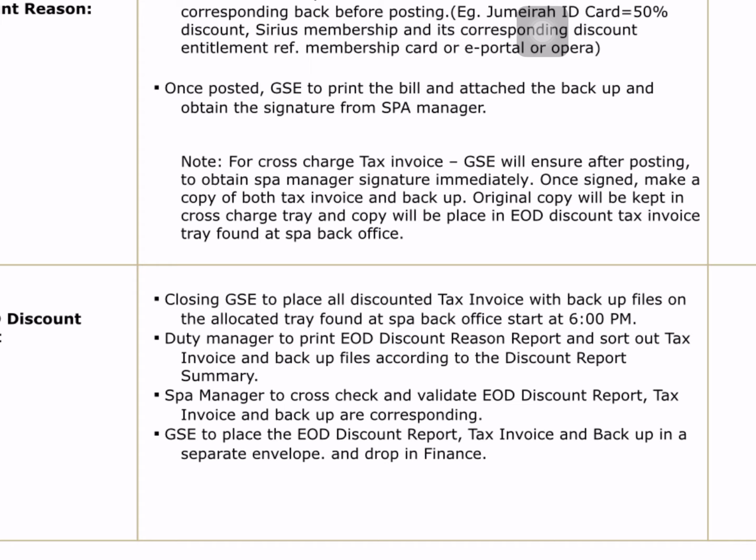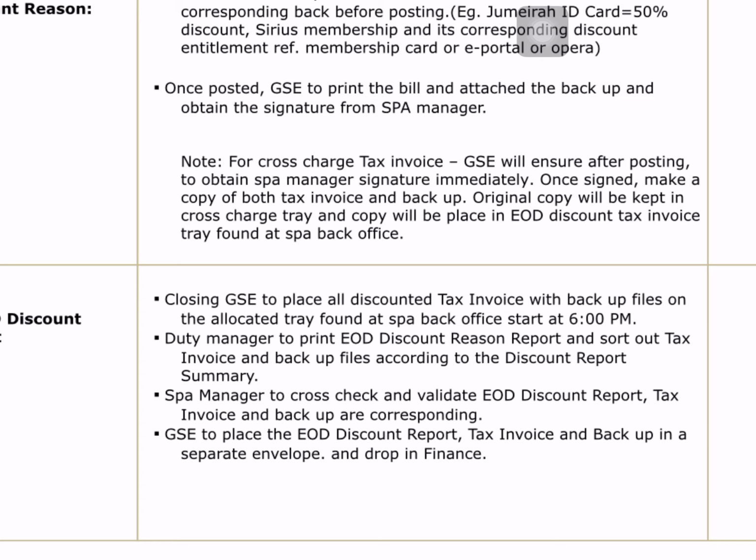So before that time, you collect all the bills to cross check and put them in the back office so we can accumulate them, because the duty manager is to print the EOD discount reason report and sort out tax invoices and backup files according to the discount report. So when you put all the cross charge bills, it's easier to arrange and easier for the manager to check and reconcile with the report.